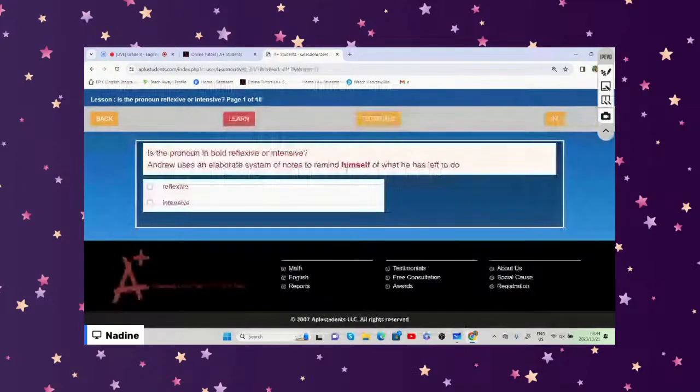Now we're going on to our test. It says, is the pronoun in bold either reflexive or intensive?